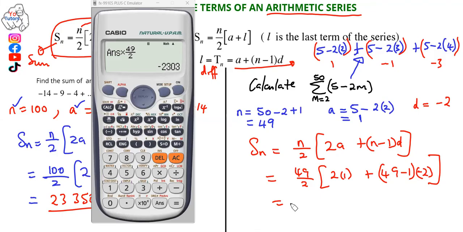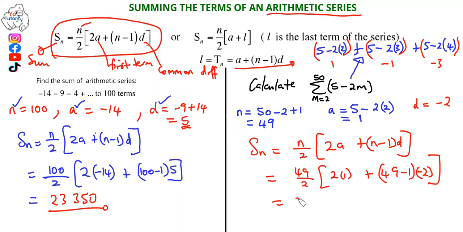What you get here is negative 2,303. Okay, so now some of you are asking yourselves, how come we're getting a negative? Yes, we can. If you are adding terms, they can give you a negative, because here you can see that we are adding negative terms.